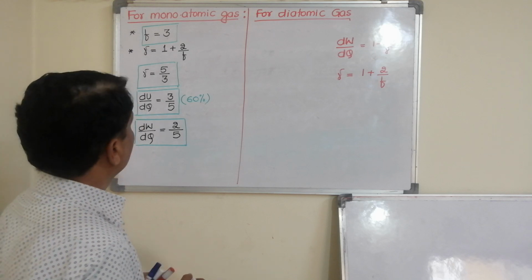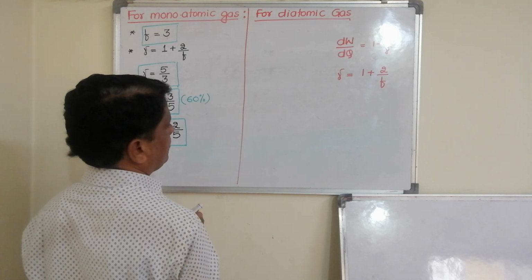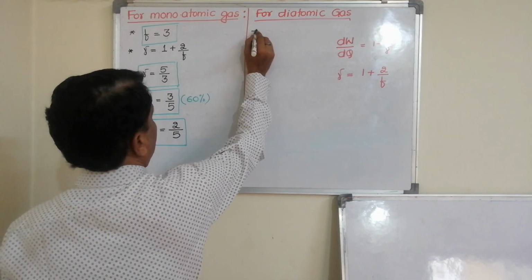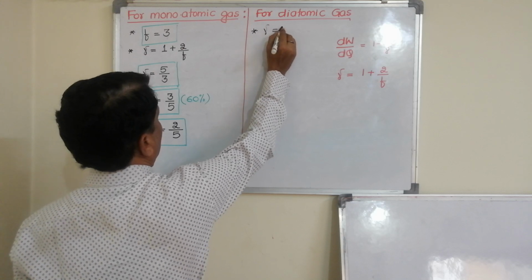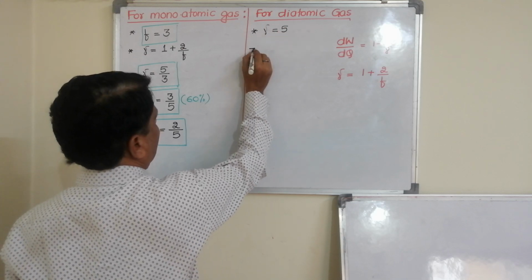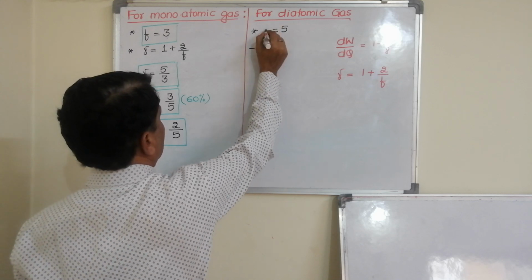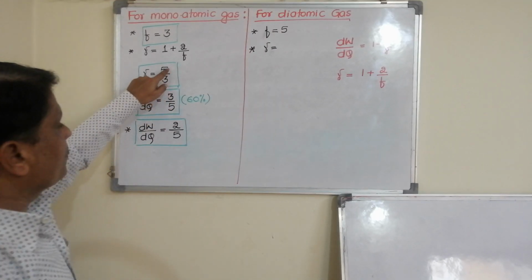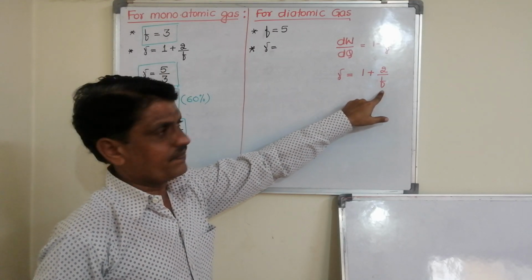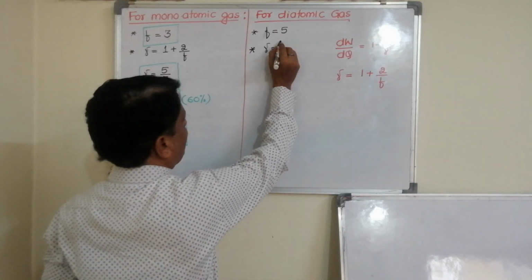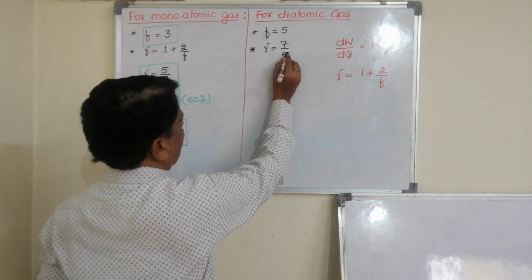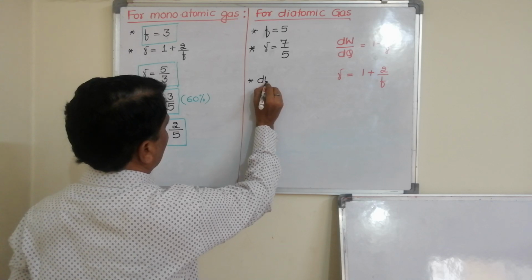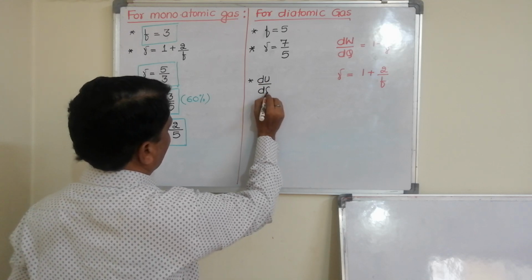See here, for diatomic gas, number of degrees of freedom is 5. Then gamma is equal to, here I have written the equation. If it is 5, if you take LCM as 5, then it will be 7 by 5. Please verify.